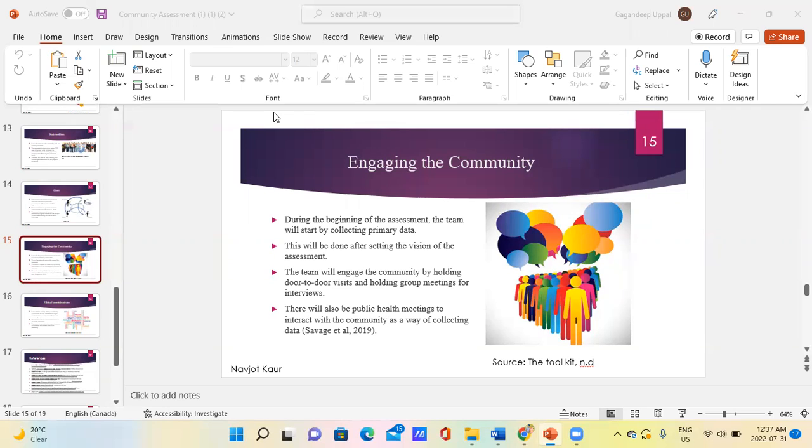We can also visit door to door to collect data. We can hold group meetings, surveys, and interviews, so that we can do something better for the community, come to know the causes behind every disease, and also find ways to prevent those diseases. Next, please.